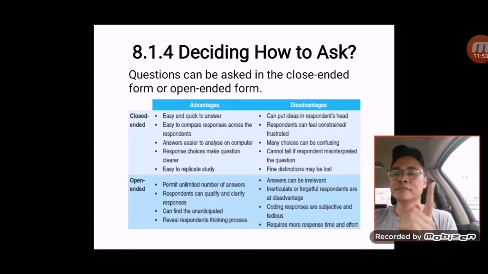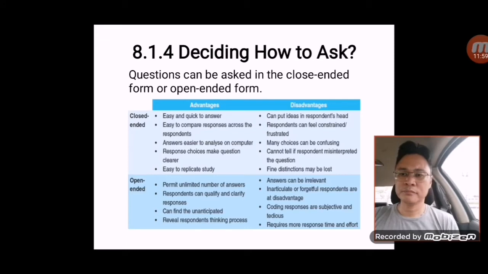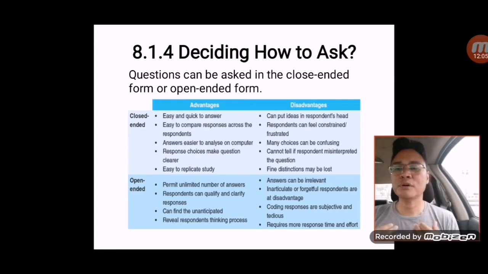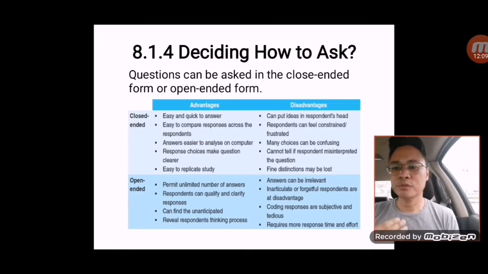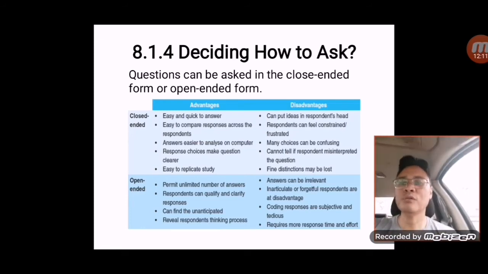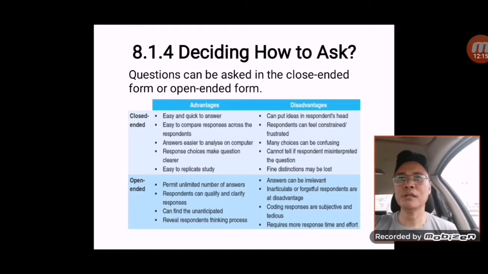So the easy part is that we as researchers can explain to them, right? We can assist them so they can understand the statement. If we do fieldwork face to face, that is easy. But for an online questionnaire, that is why we must test the questions first.